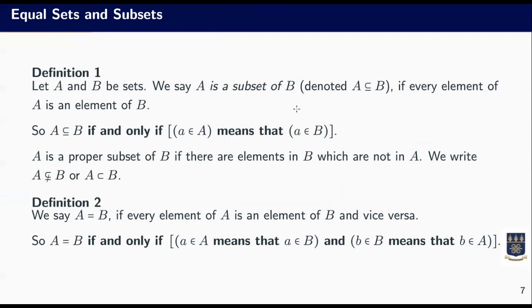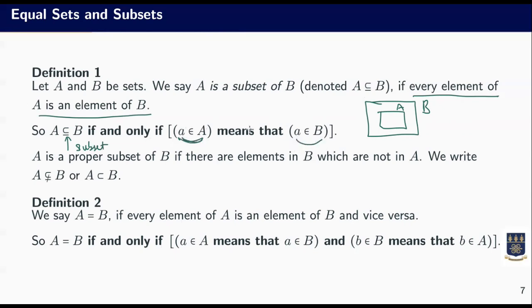The first one: if A and B are sets, and every element of A also belongs to B, then we say that A is a subset of B. So you can draw it this way, where this is the set B, and then the set A is contained in the set B. So every member of the set A is a member of the set B. So we say that A is a subset of B, and this here is the subset notation, if and only if, when a belongs to A, a must belong to B. So in other words, every member of A is also a member of B.